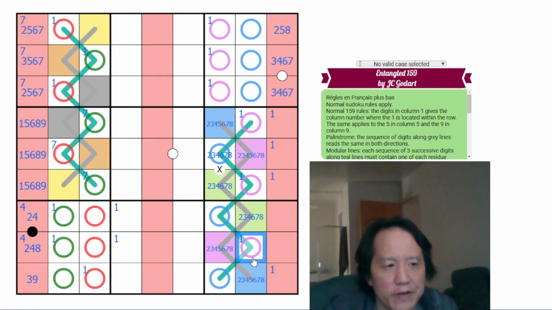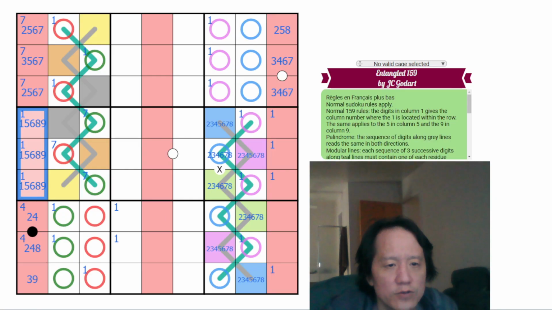If this is 1, that means this is 8. This is 4. This would have to be 3, so this is 1. So the 1 is one of those. Which would mean this.